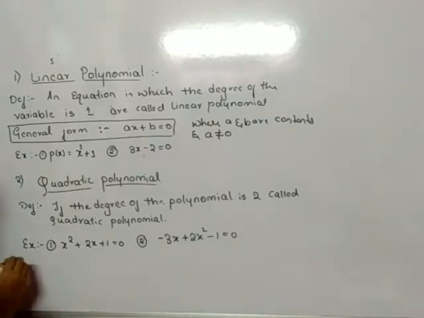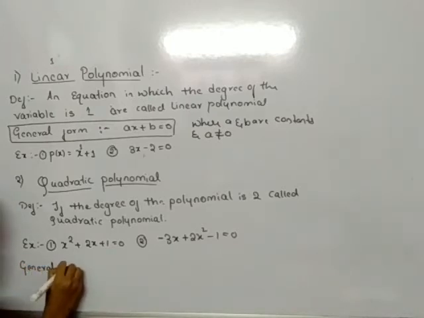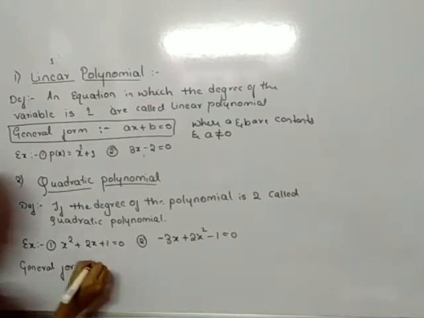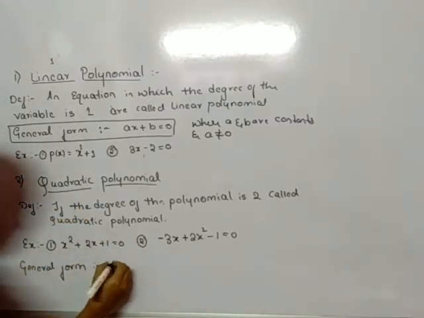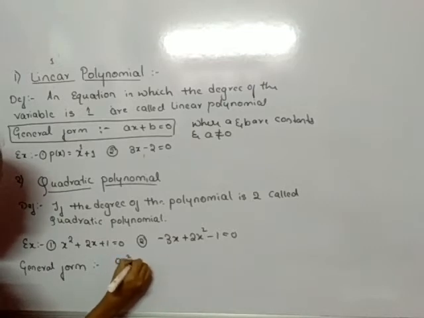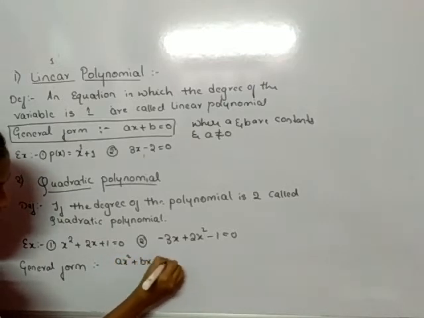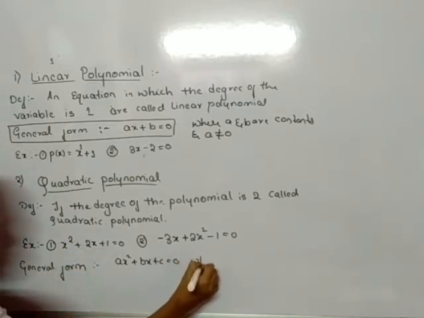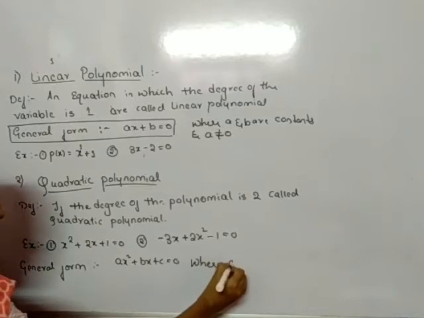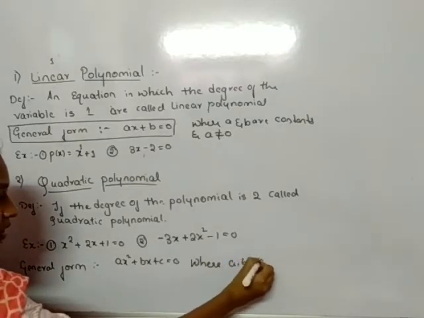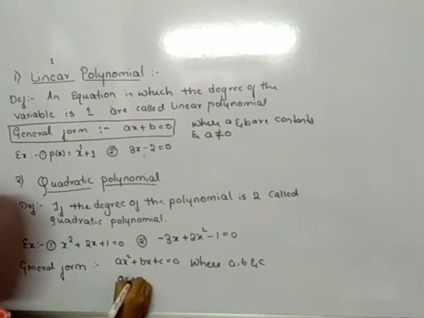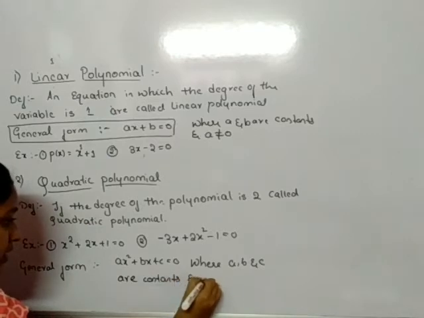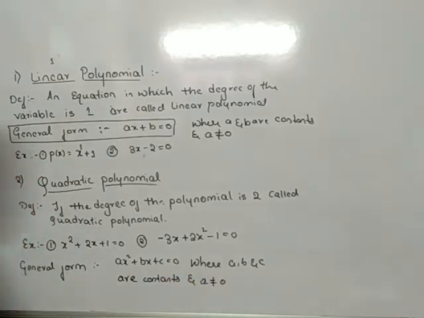Okay, we'll see the general form of a quadratic polynomial. ax squared plus bx plus c is equal to 0, where a, b and c are constants and a must not equal 0, right?